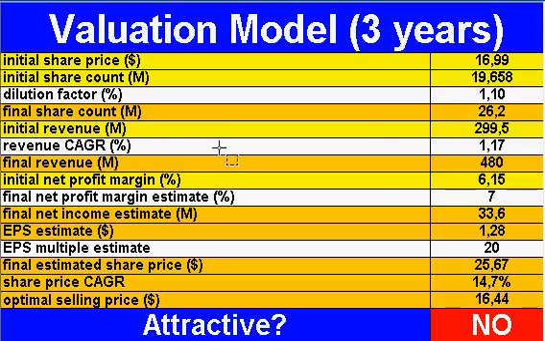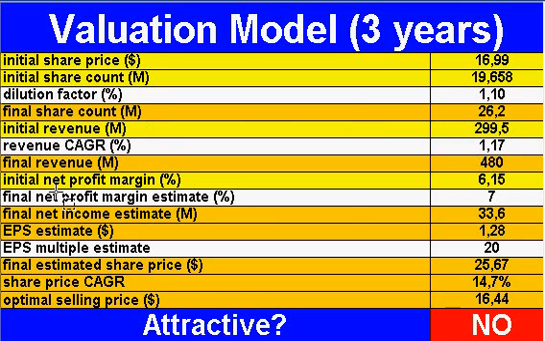Revenue compound annual growth rate, I put here 17% for the next 3 years, because the company they bought is growing 12% a year, and they were growing about 25% a year, so I put it more or less in the middle. But I don't like this situation of buying a larger business but with less growth and less profit margins.